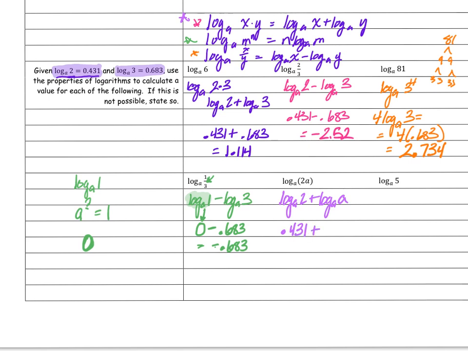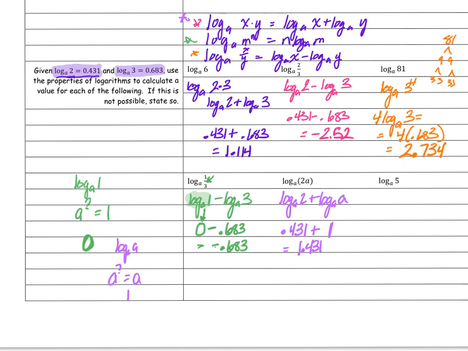And we have that situation again. This says log A of A. So A to what power equals A? Well, that should be 1. A to what power equals A to the first power? Well, that's A. So my answer should be 1.431.